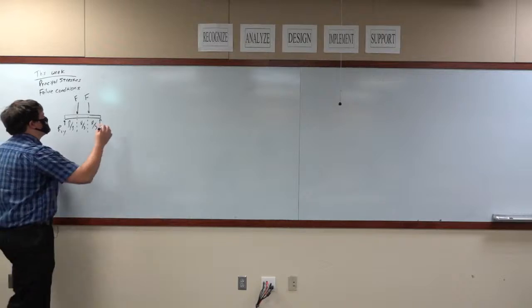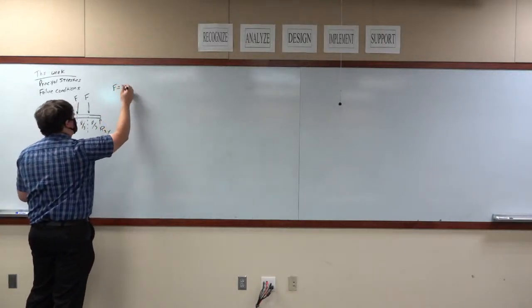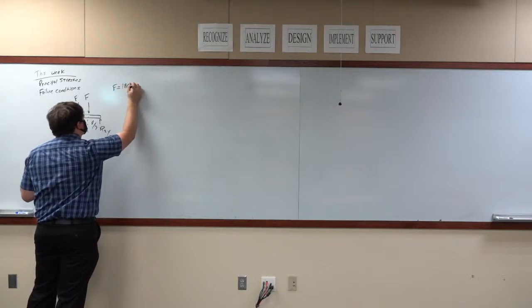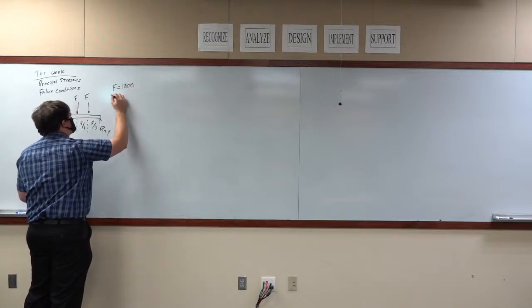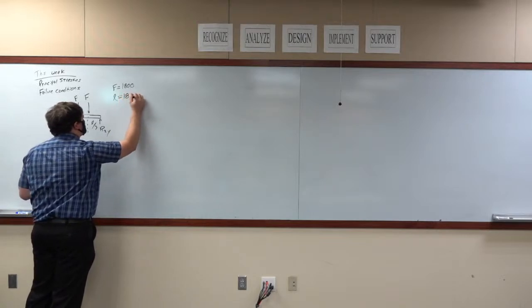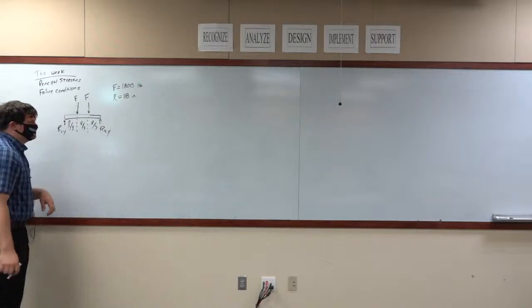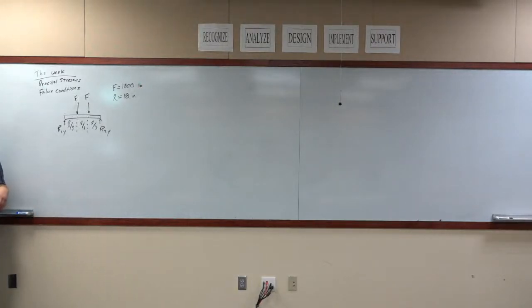We're going to go ahead and say that F is equal to 1,800 pounds, and L is equal to 18 inches. Okay? So this is your free body diagram.